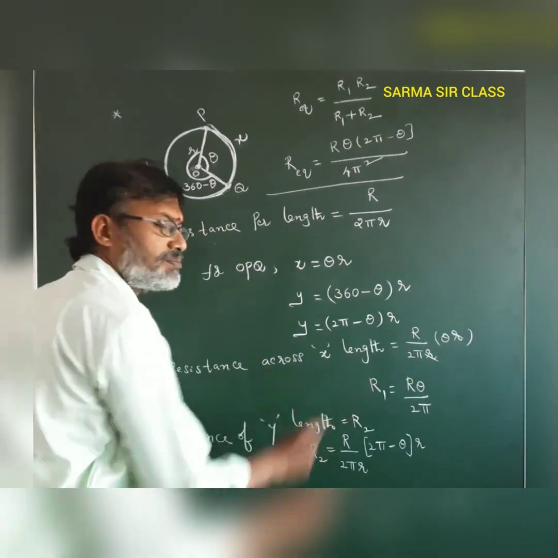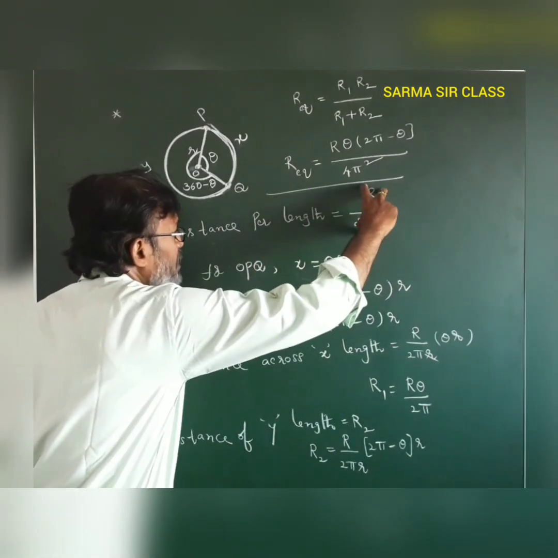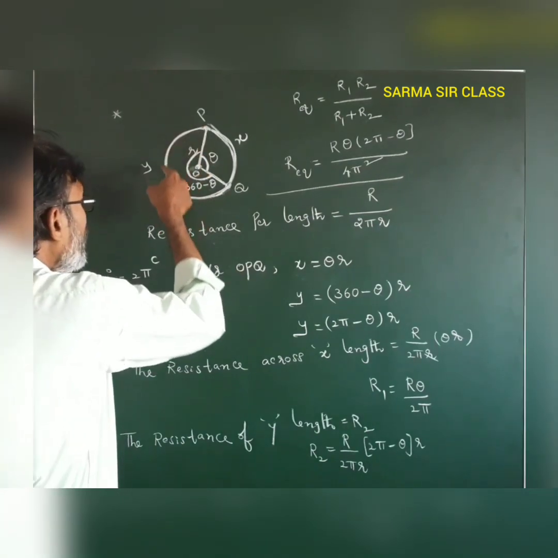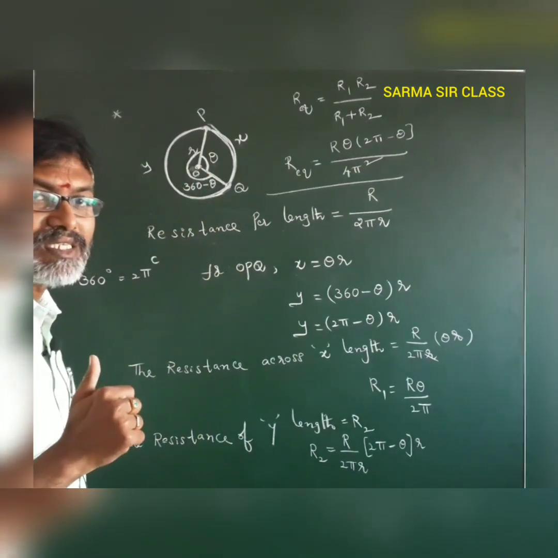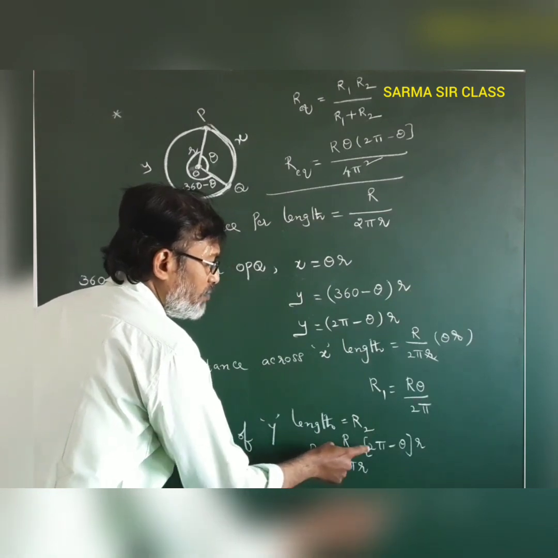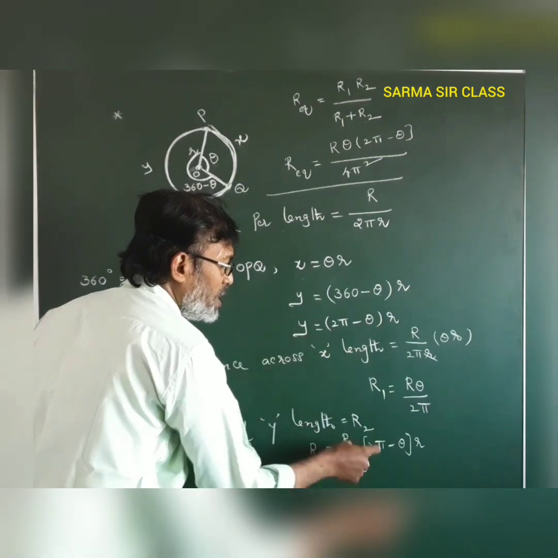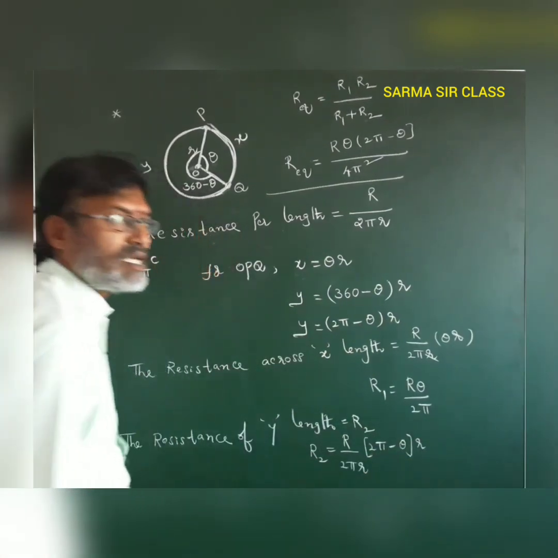That is R1. Next, per centimeter this much resistance is present. Then y centimeters consist of how much resistance? That is per centimeter R by 2 pi r, and y is 2 pi minus theta into r. So I represent it as 2 pi minus theta into r.